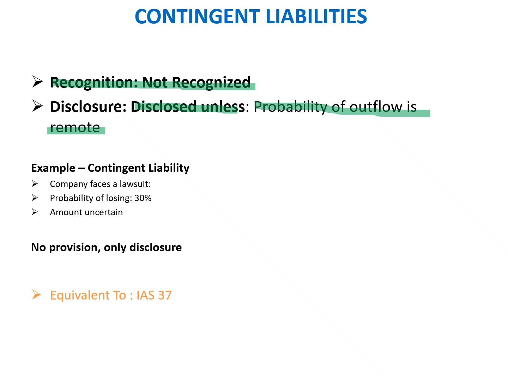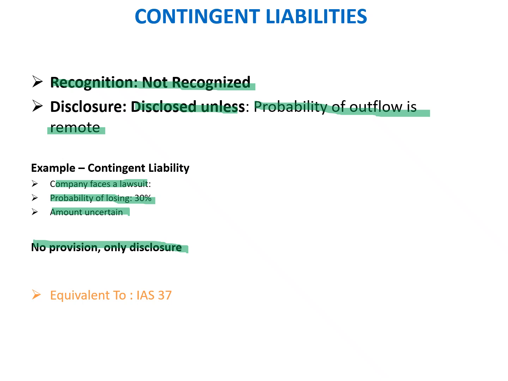An example of a contingent liability: the company faces a lawsuit, the probability of losing is 30%, the amount is uncertain, so no provision, only disclosure. Typically, when we look at the percentage here, 30%, IND AS 37 does not prescribe any percentage basis on which we have to create the provision or treat it as a contingent liability. It has to be based on estimates.